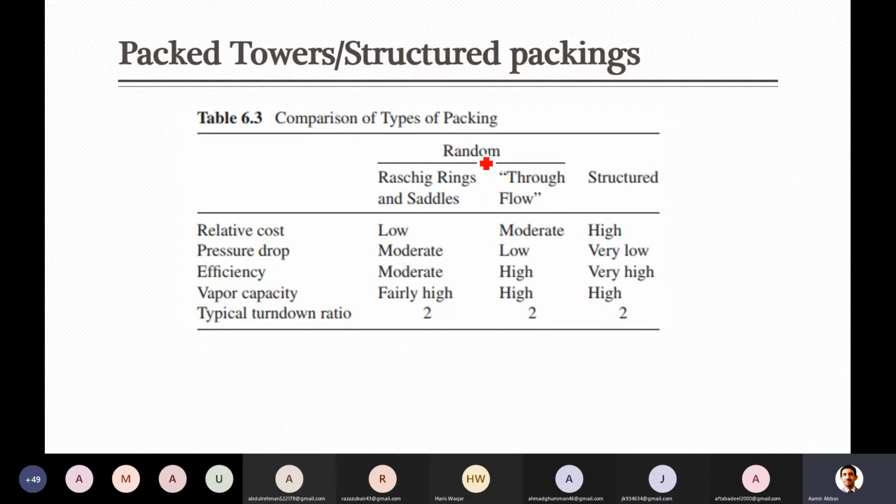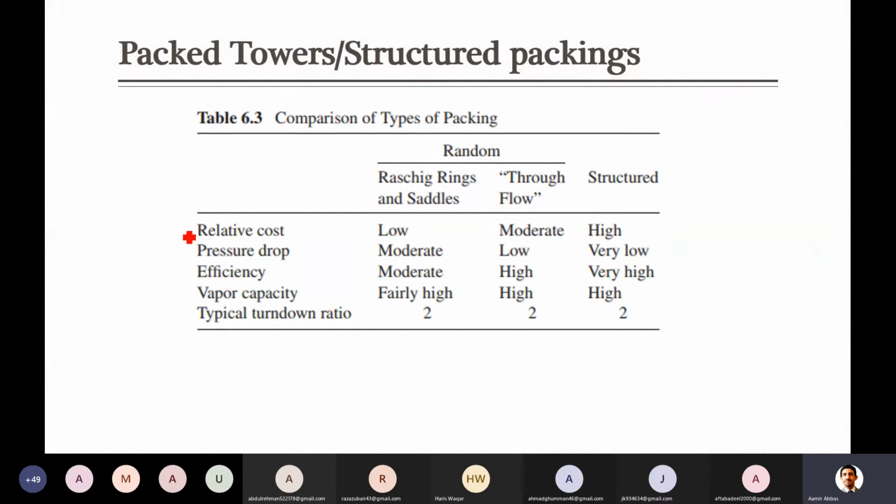But they are random structures, all six after the initial two. The initial ones were quite solid, with fewer holes through the structure, but the later ones have a more open structure. And then there are the structured packings, the three which are commonly used shown here. As I told you, the first one was not used much in industry due to its disadvantages.